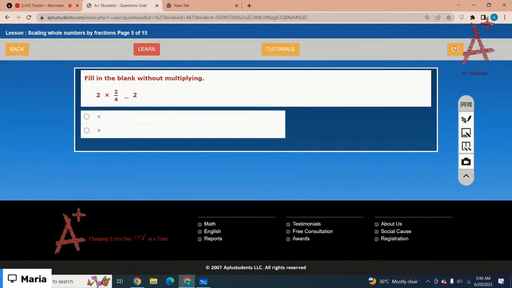Okay, 2 times 2 over 4, and you have to compare it to 2. So which is the correct option? 2 by 4 is less than 1. That means 2 times 2 by 4 is less than 2.